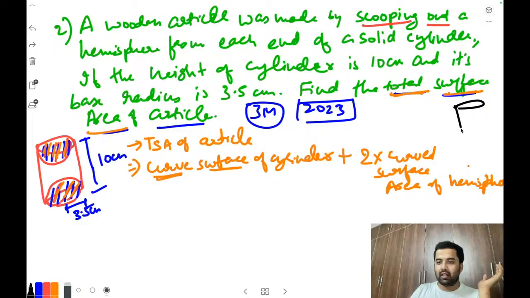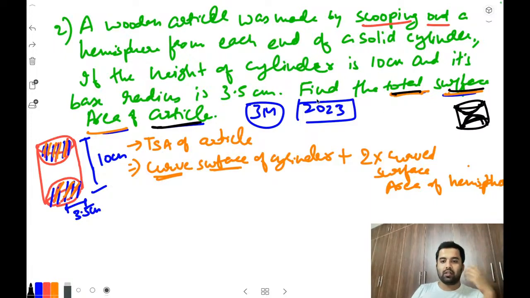Suppose you have a cylinder shape first. From the inside, this part is taken out, and a kind of hollow space is there. This hollow is a hemisphere only. Below also a hemisphere. The question is asking to find the total surface area of this article.